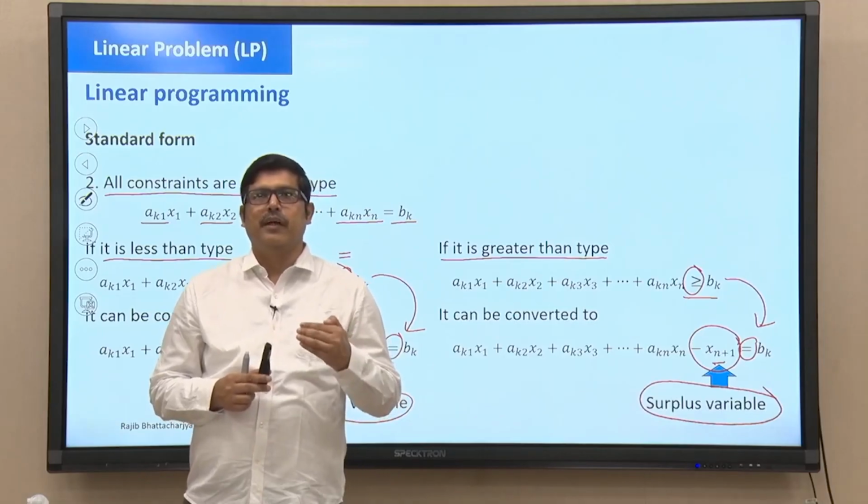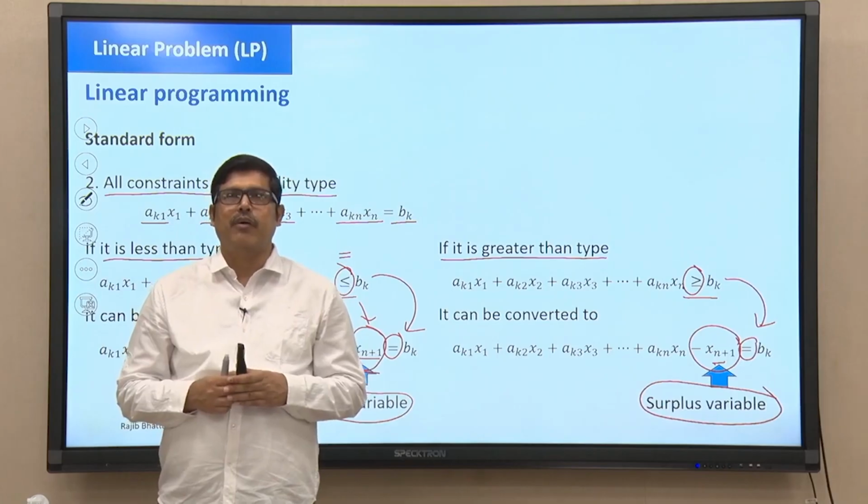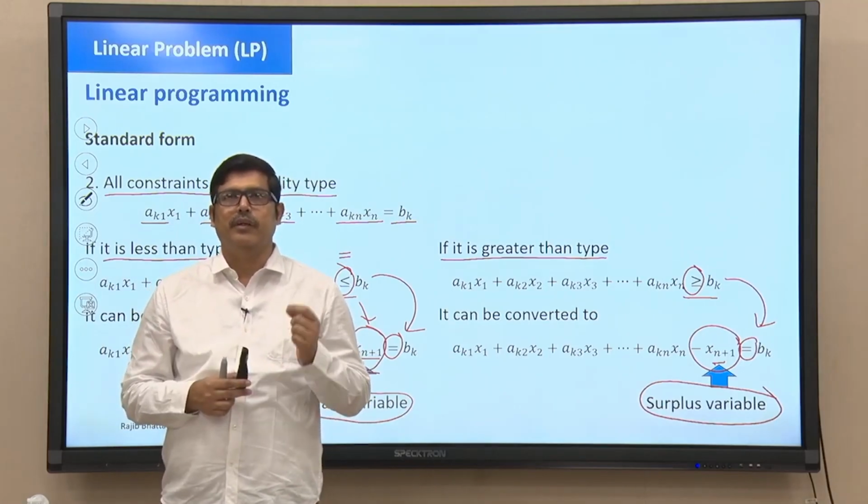So, by using a slack variable or a surplus variable, I can convert a non-equality type constraint to an equality type constraint.